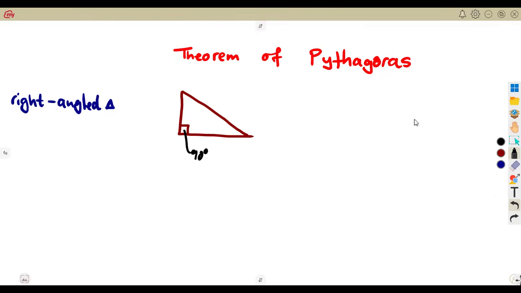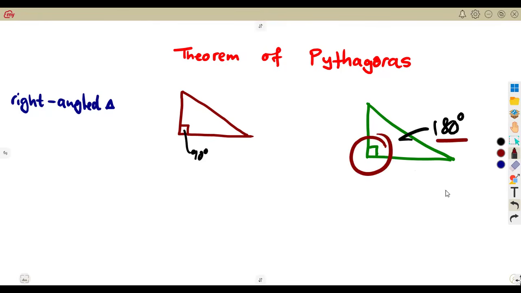Consider this. Remember, in a triangle, the angles add up to 180 degrees. In a normal triangle that we are used to, the angles inside add up to 180 degrees. So if you subtract the 90 degrees from 180, what are you going to have?